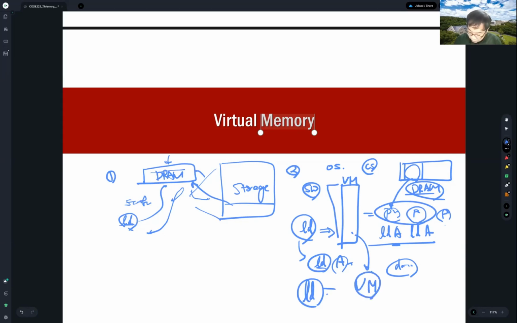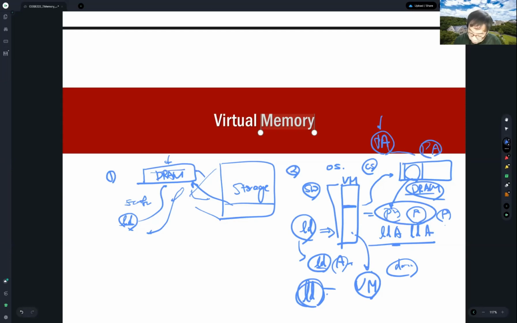When the software accesses data on the virtual memory space, this virtual address is translated into a physical address. Physical means the real address in the physical memory, like DRAM.